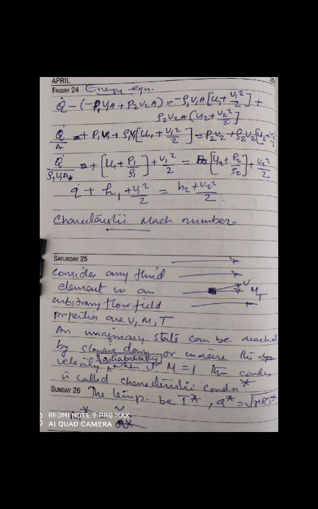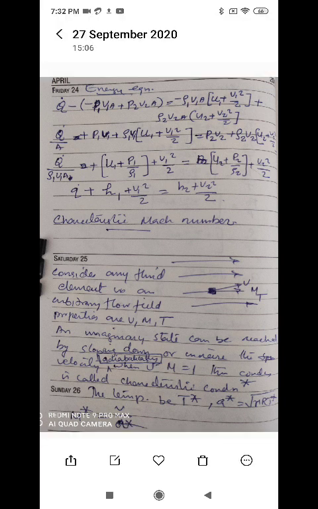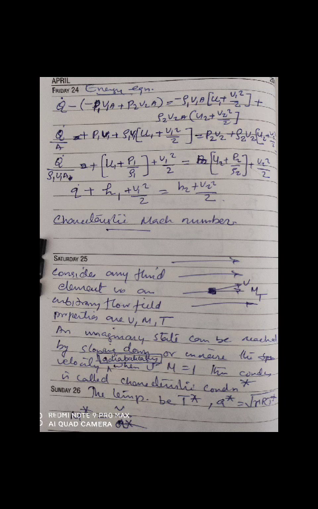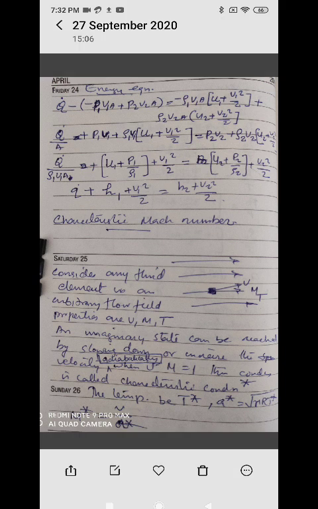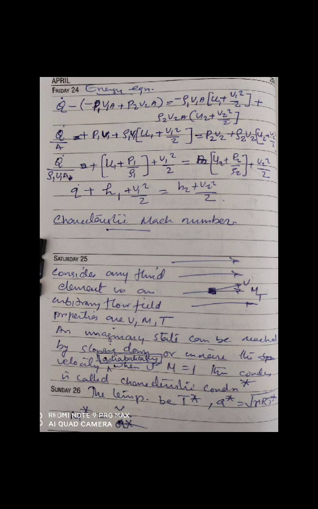Now, another important term used in compressible fluid flow is the characteristic Mach number. Consider any streamline shown in the figure, and consider any fluid element whose velocity at an instant is V, Mach number is M, and temperature is T. Assume that an imaginary state can be reached by this fluid element by either slowing down or increasing its speed.